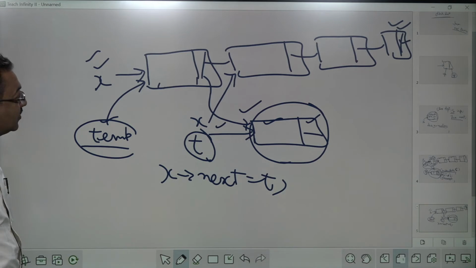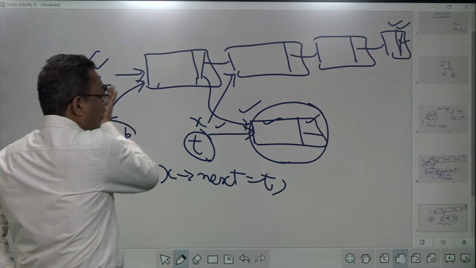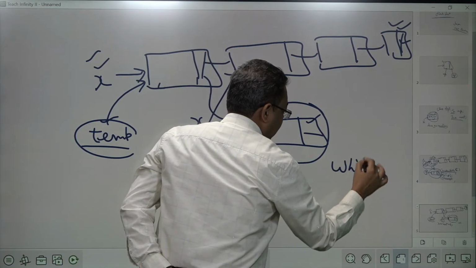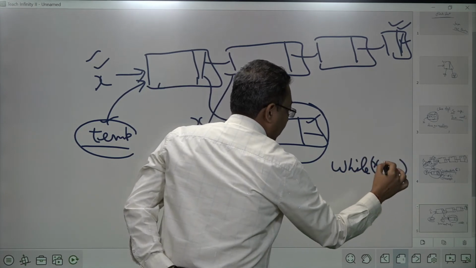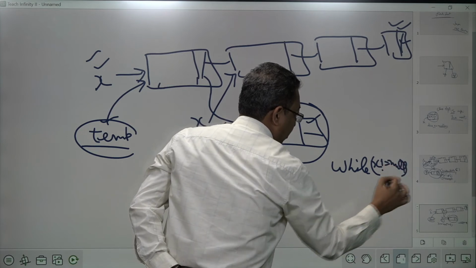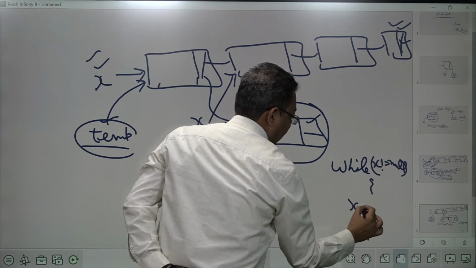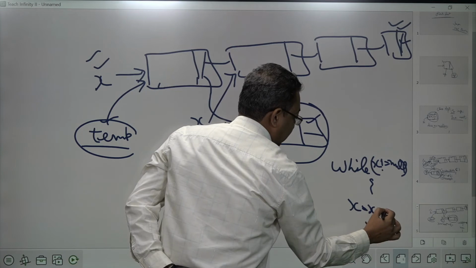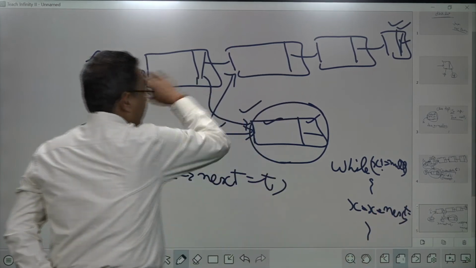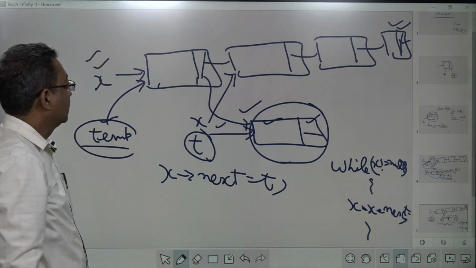Why are we doing this? In case we are moving x, how can we move it? We can move it like this: while x is not null, x equal to x next. This is the way we are doing it, right?